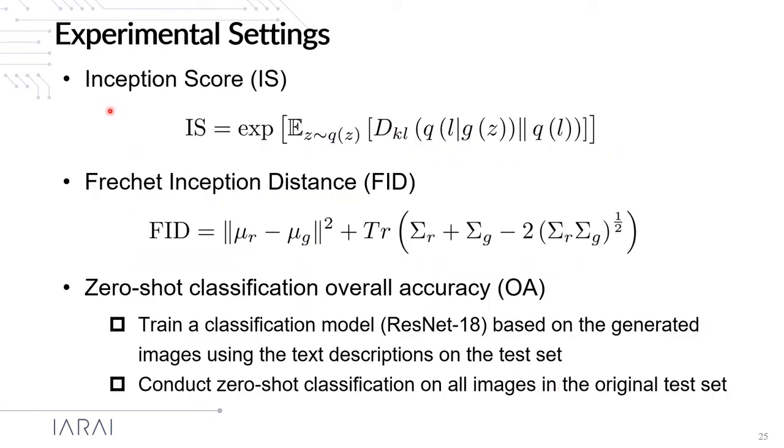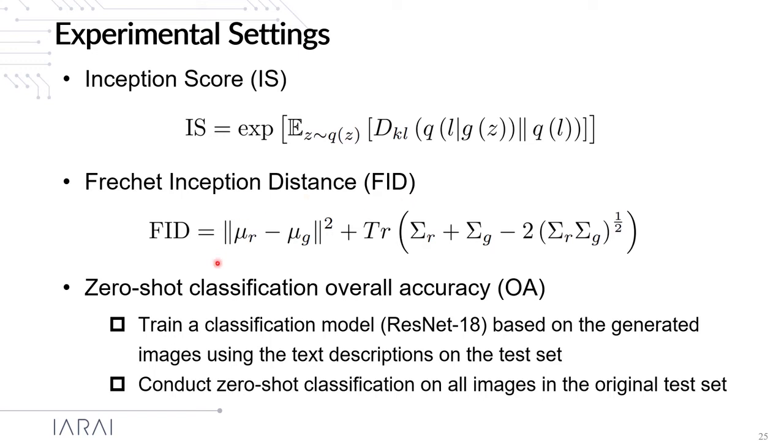For the evaluation metrics, we adopt the inception score, the FID score, and additionally, we propose to use zero-shot classification and use the overall accuracy as another metric. The main reason is that metrics like inception score and FID were originally proposed to evaluate the performance of GAN models, which may not be accurate enough to measure the semantic consistency between the generated images and the original samples.